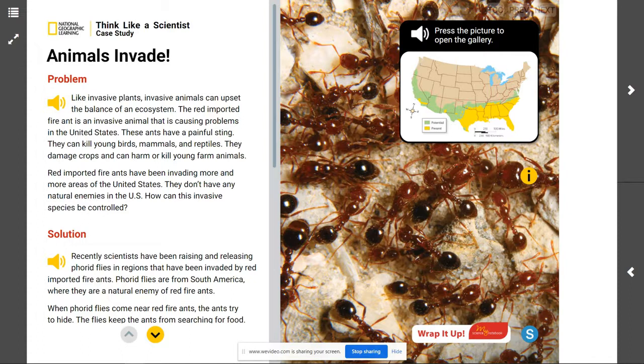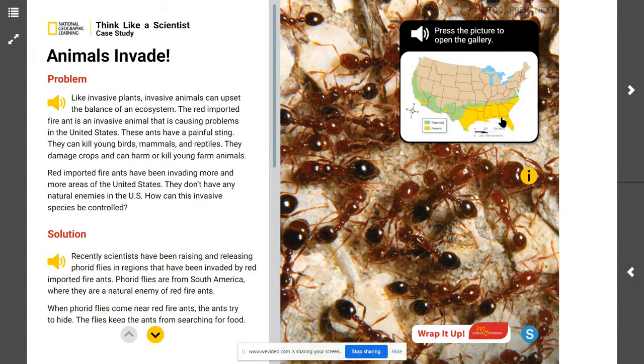So when we look at this heading here, animals invade, what do you think this lesson is about? Yeah, some of you have a great prediction that we are going to predict that the red imported fire ant is an animal that has overrun the southern United States.